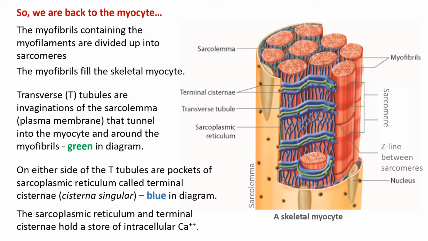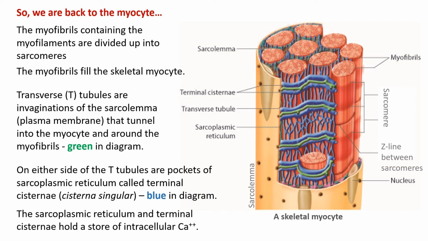The sarcoplasmic reticulum and these pockets of it, called terminal cisternae, hold a store of intracellular calcium, Ca++. Endoplasmic reticulum in other cells does as well. It's always a store of calcium tucked away in there.